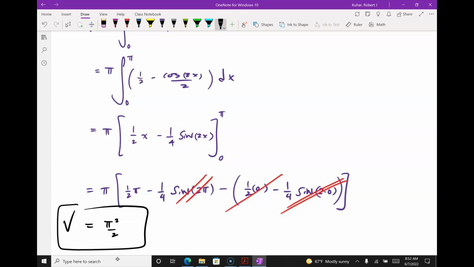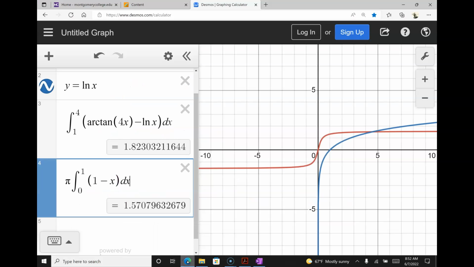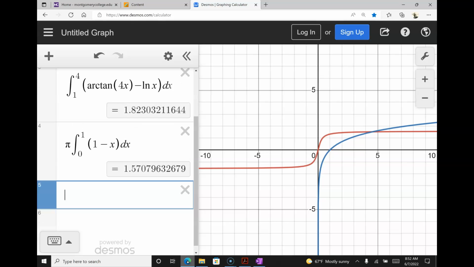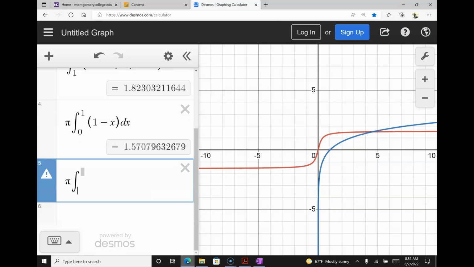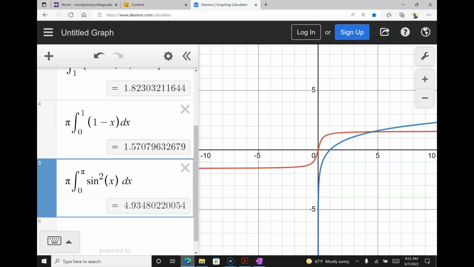This is a nice one to check because I'm going to go all the way back to my sine squared when I do my integral here. So pi times the integral of 0 to pi of sine squared x dx.